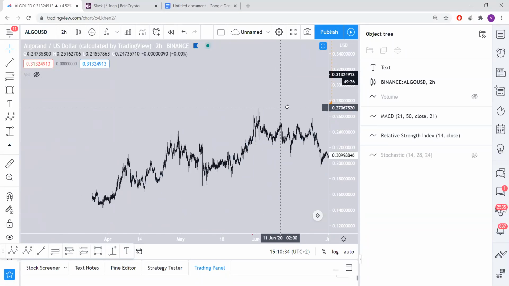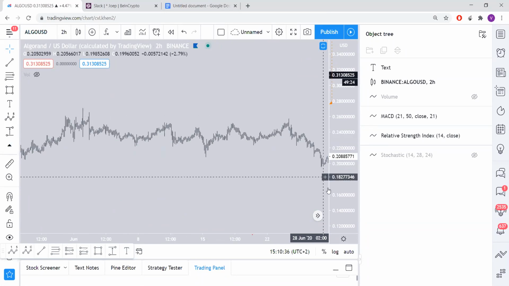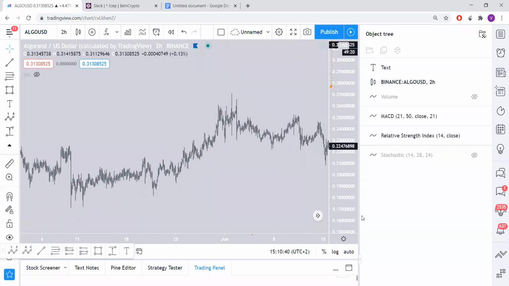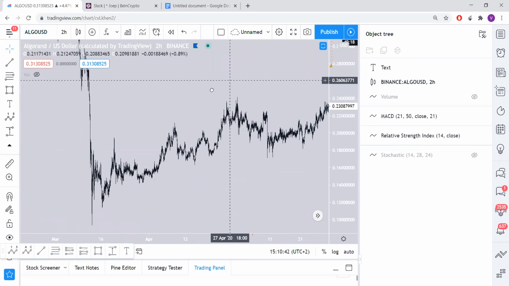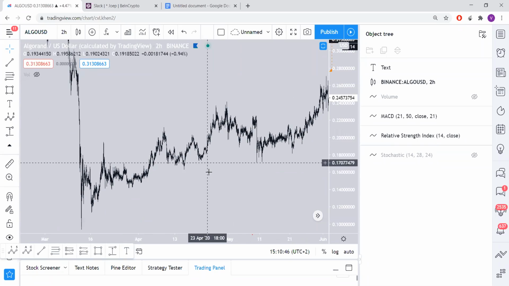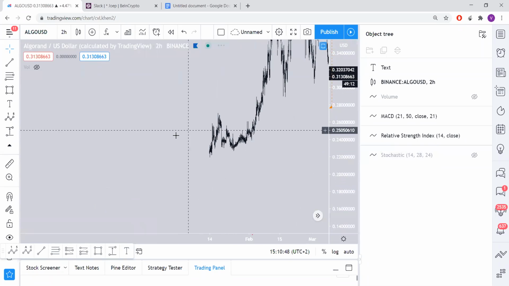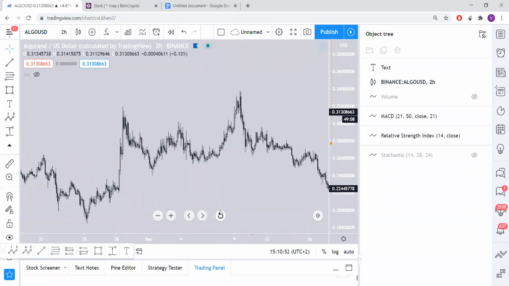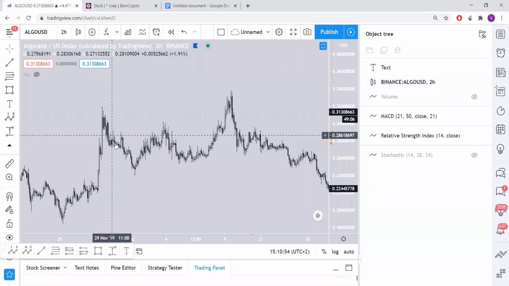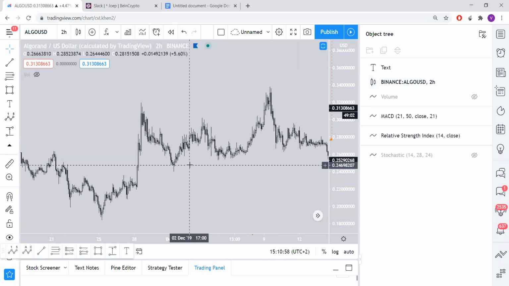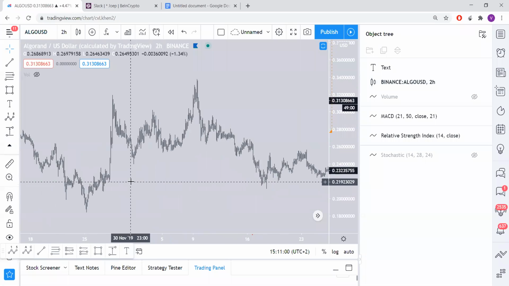I don't want to use the same example over and over. I'll just try to find one here. Give me a zigzag. Okay, this can possibly be a zigzag.